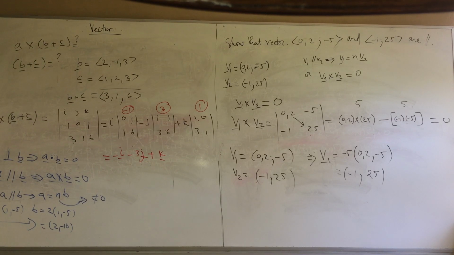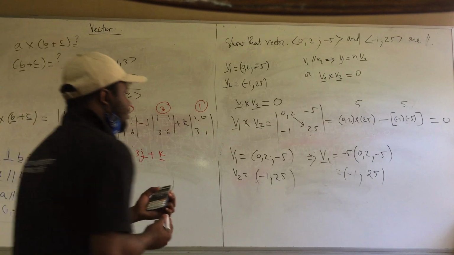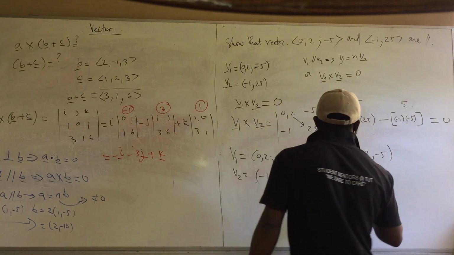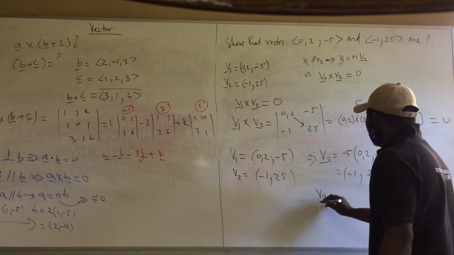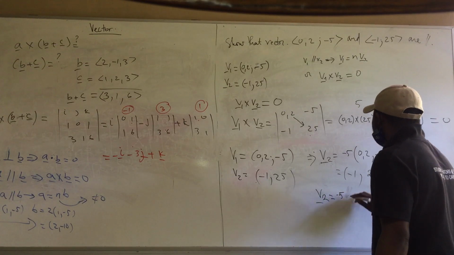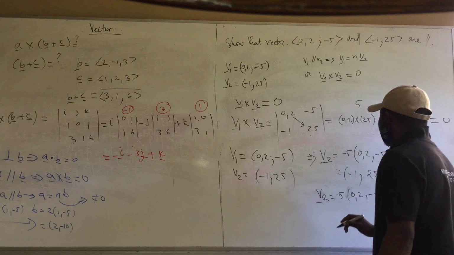Right. So you can claim that your V2 equal to n V1. So V2 equal to minus 5 V1, V1 is this one, okay?